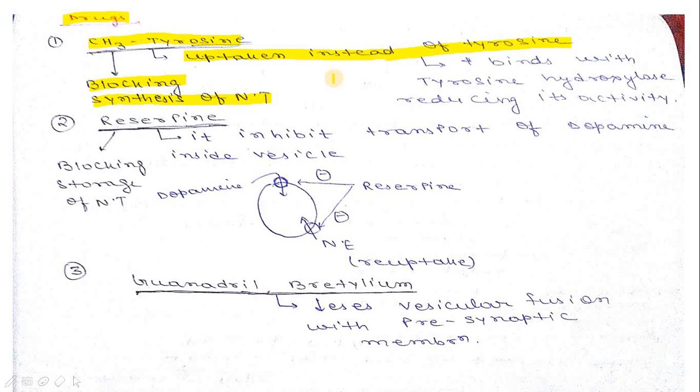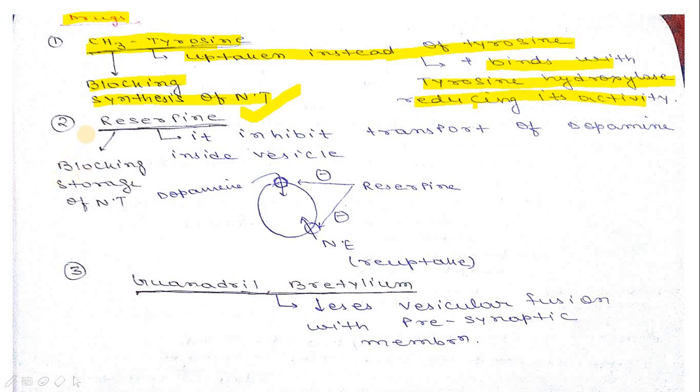So if methyl tyrosine is given to a patient, then it will enter the presynaptic membrane, means nerve terminal. Okay, and it binds with tyrosine hydroxylase, which was the first enzyme, reducing its activity. Means methyl tyrosine binds with tyrosine hydroxylase and it will reduce its activity. Okay, so the action of methyl tyrosine is blocking the synthesis of the neurotransmitter, because if tyrosine hydroxylase is not free, then it is not able to convert your tyrosine into dopa.